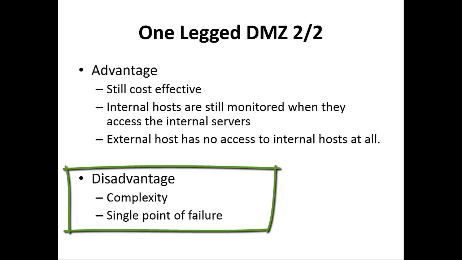And whenever the complexity increases, there is a chance of an error. And another even bigger problem could be when this firewall in the middle fails, nothing will work. So the firewall will be almost like a single point of failure. So when it fails, everything fails.